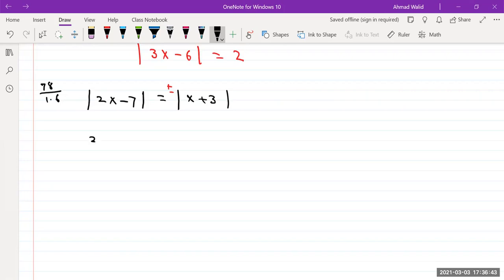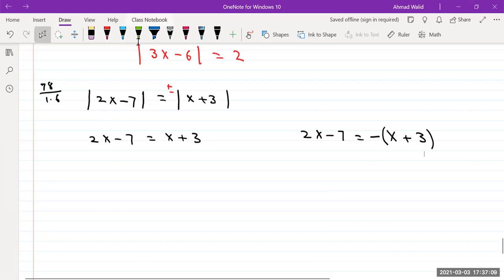First equation, 2x minus 7 equals x plus 3. Solve it. And the second equation that I'll make, 2x minus 7 equals, be careful, negative. If I write it this way, x plus 3, I'm wrong. I have to use parentheses because I want to distribute my negative here, correct?